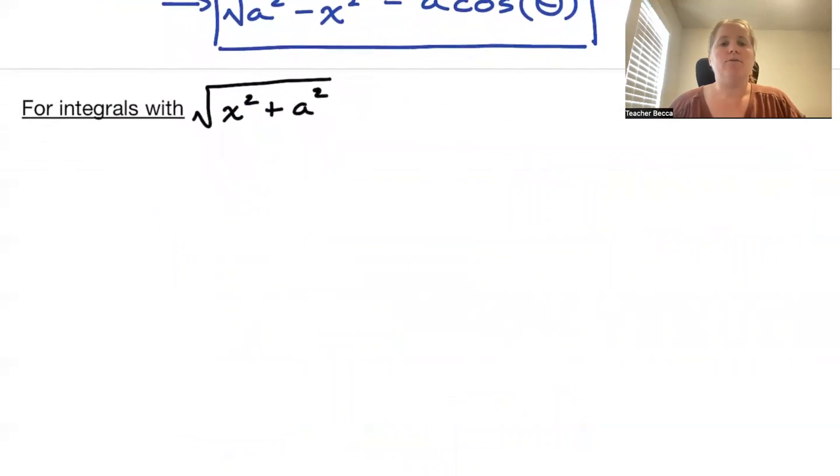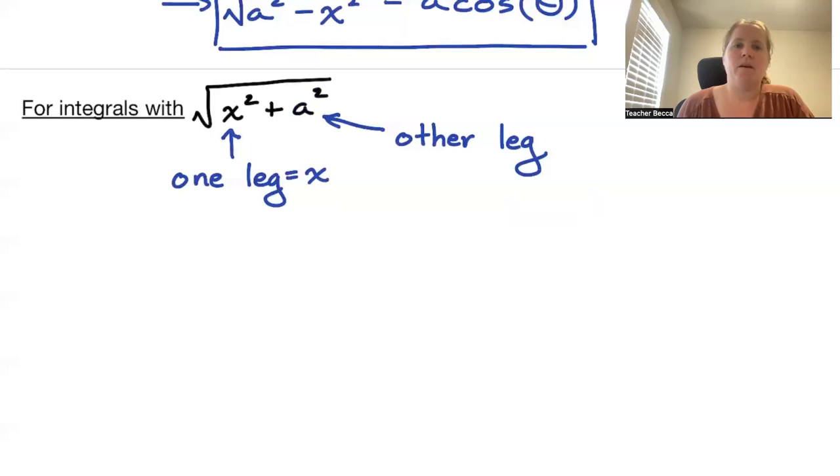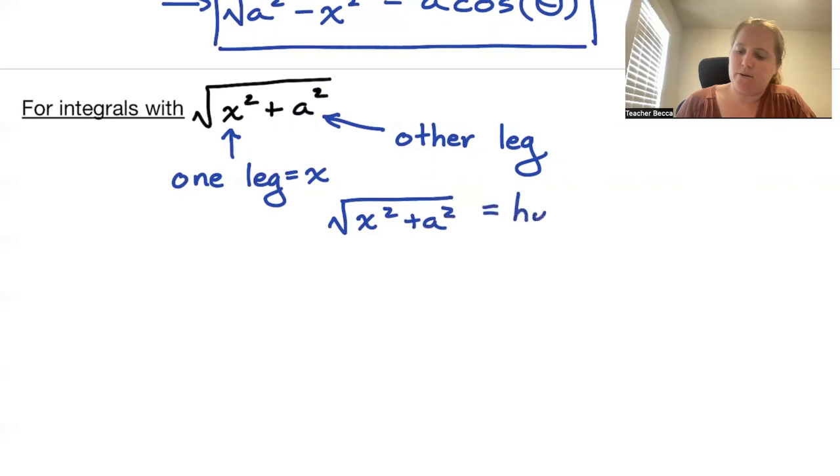For integrals involving a square root of x squared plus a squared, so if there's a square root of x squared plus a squared inside the integrand, the plus means that we have our two legs here. So x will be one leg, a will be our other leg, and then we also have the square root of x squared plus a squared will be the hypotenuse.